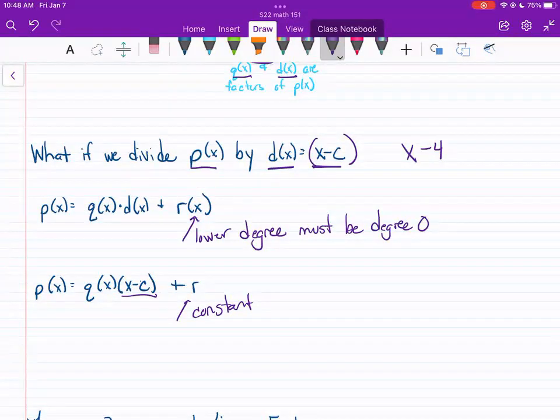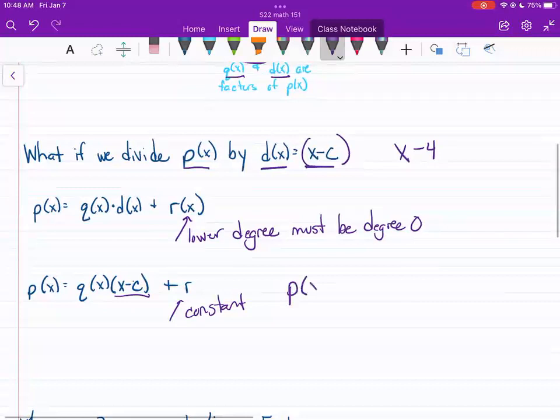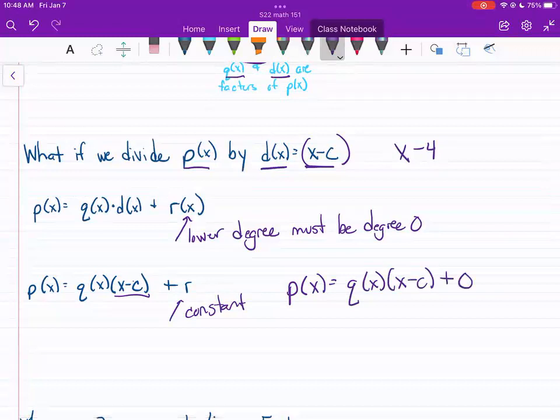If that constant happens to be 0, then we know that p of x is equal to q of x times x minus c plus 0. If that's 0, then we know that this is a factor, and this is also a factor.